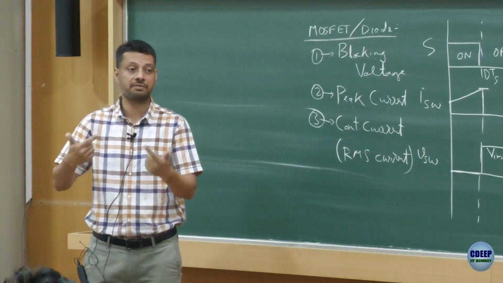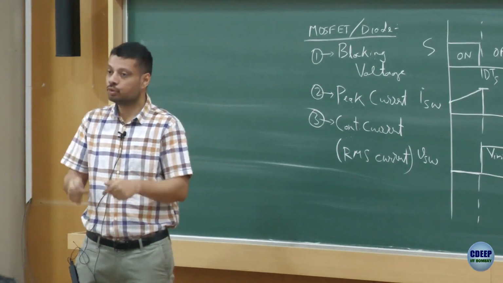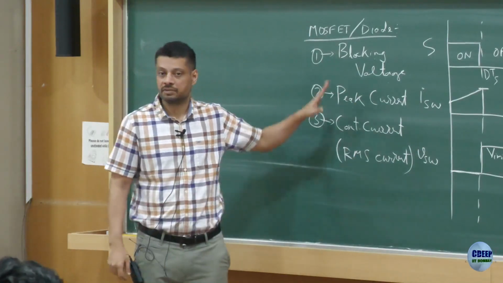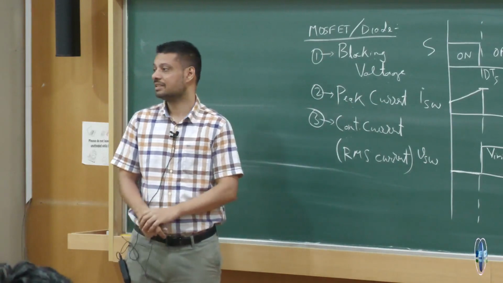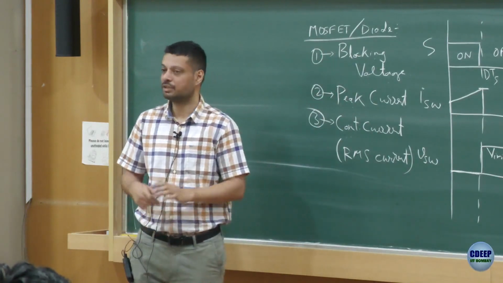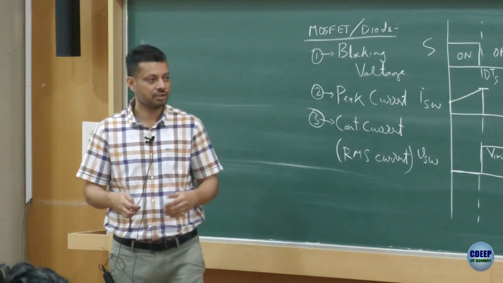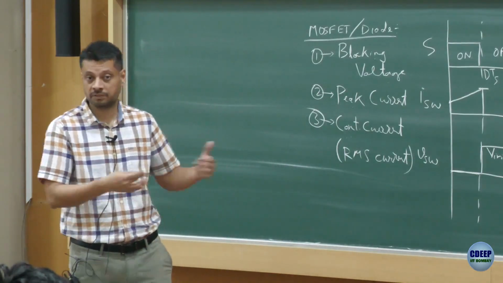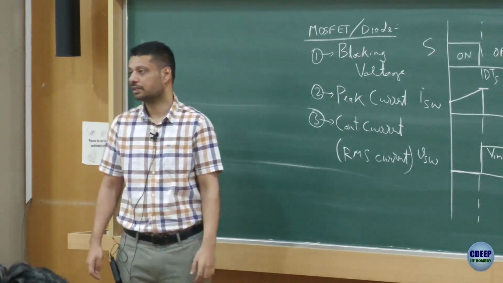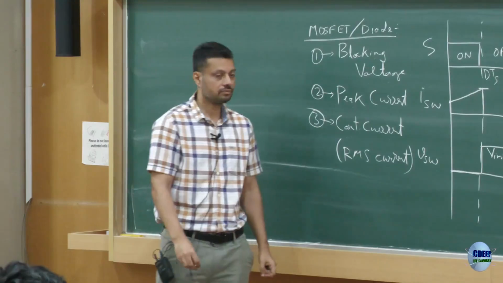So you would have to further refine your requirement, and now you go into knowing what kind of losses these devices have, what kind of on-state resistances these devices have, what kind of heat dissipation mechanism these devices have, and you go into more details, which at this point is not possible for us to get into. But at the first level, this is what you would look for when you select a device for this application.